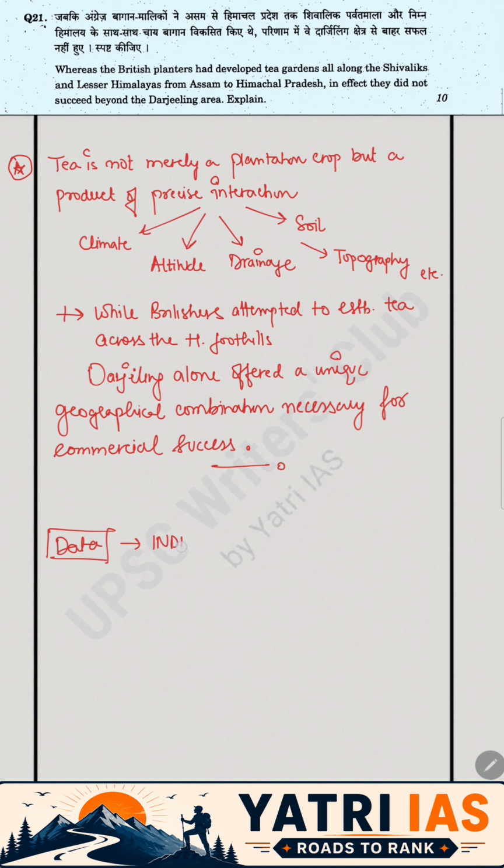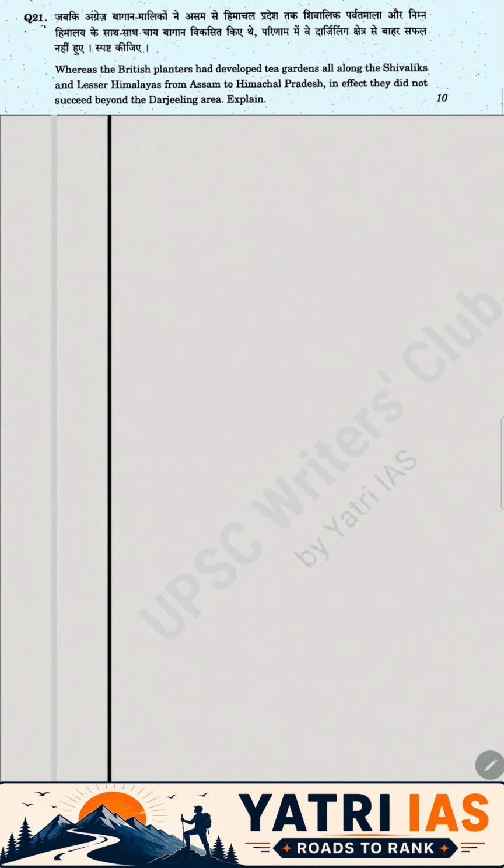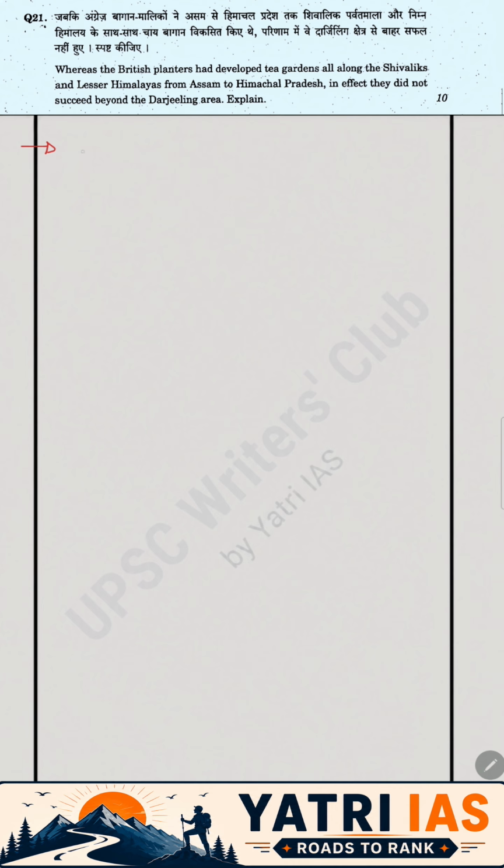Like India now is the second largest producer of tea, and Darjeeling tea enjoys a GI tag status and global recognition and reputation. Then you would straight mention the reasons why Britishers could not succeed beyond Darjeeling.